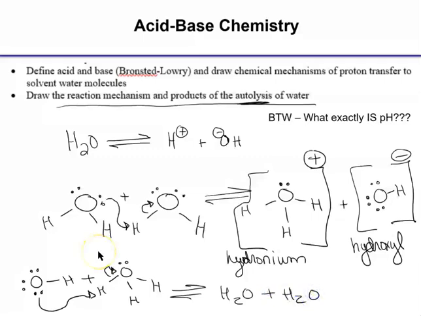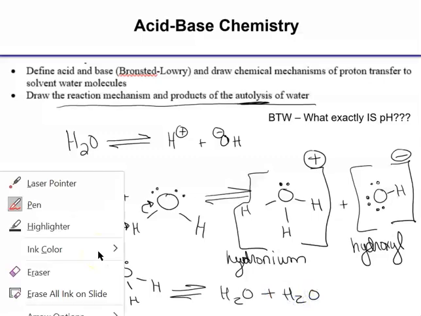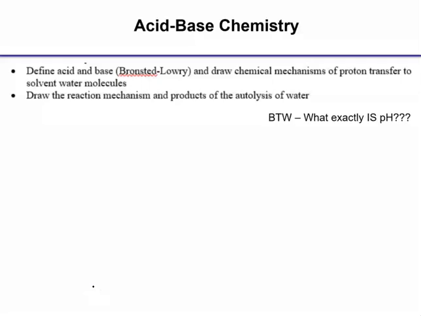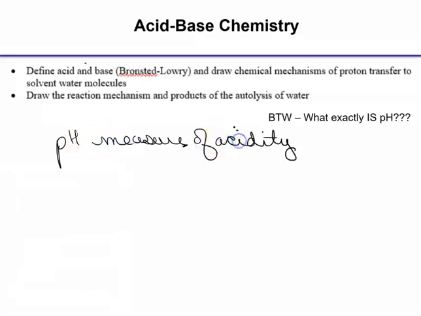Oh, I almost forgot. What exactly is pH? Well, this is important. We better define this because that's our focus right now. pH is a measure of acidity, and pH is the negative log of the hydrogen ion concentration of a solution.